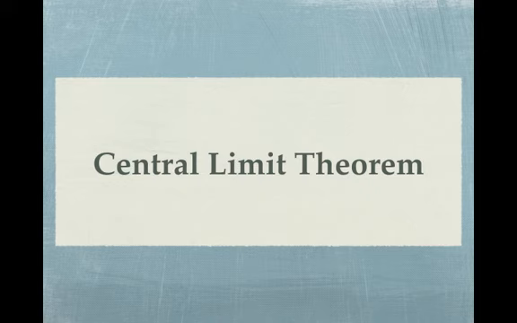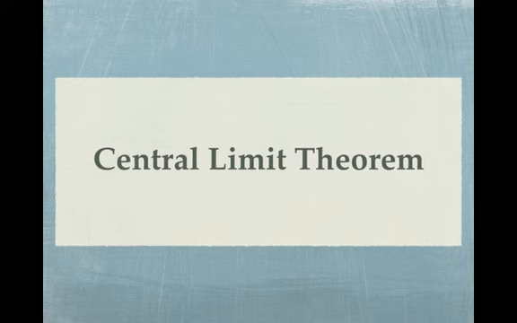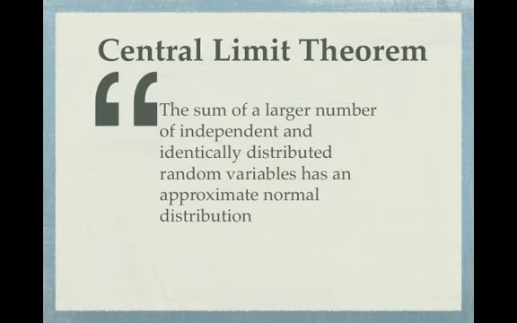So from selecting the sample size, we move on to what is called the central limit theorem. The central limit theorem is that the sum of a large number of independent and identically distributed random variables has an approximate normal distribution. So this is the definition that is given by the book. What it really means is that if you have an adequate sample, a large enough sample, and adequate does not necessarily mean large.